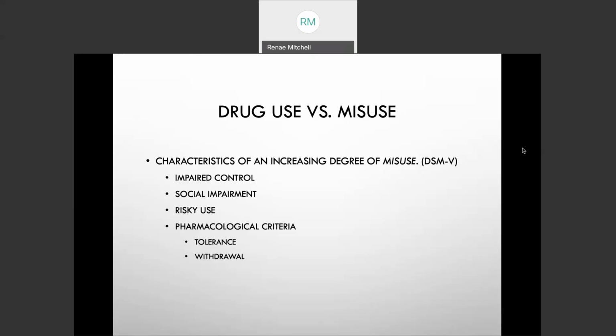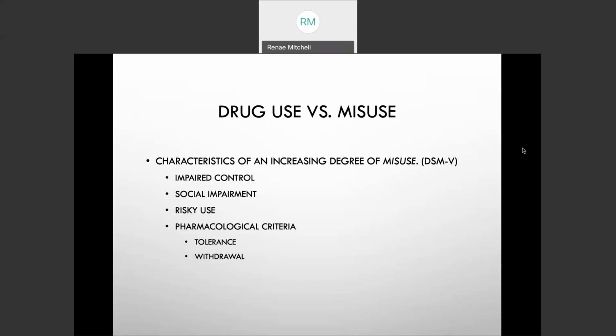Those elements are a degree of impaired control, so using the substance more often than intended, or using more than intended. A social impairment, so the drug is impacting someone's relationships or functioning at work. Risky use, using the drug in risky situations or settings, or in a way that causes risk to the individual's bodily integrity, like drinking and driving, for example.